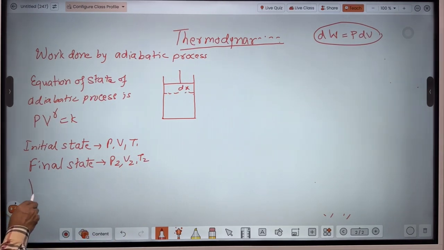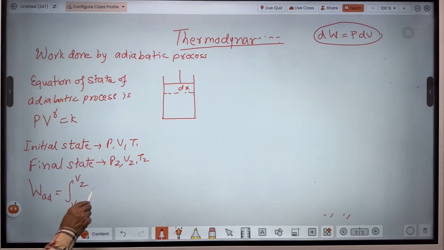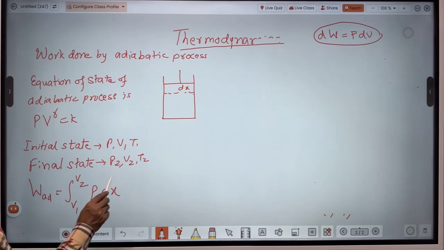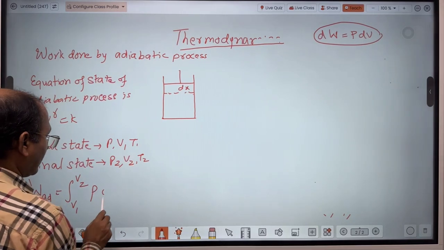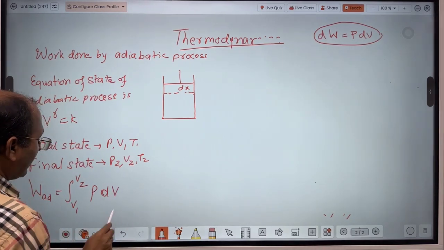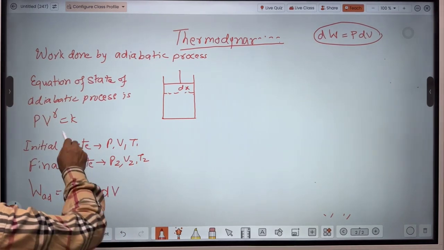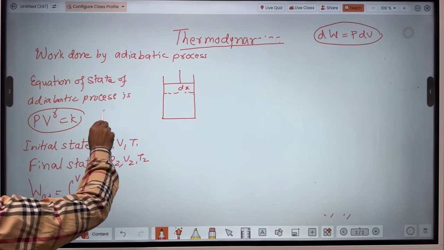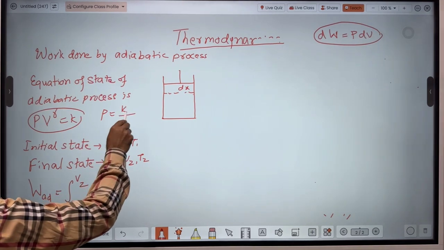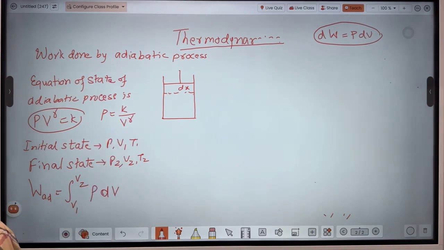So work done W adiabatic is equal to integral V1 to V2 of, sorry, not PdX, if you remember, work done is PdV. So PdV we put here, and then the value of P from this equation of state we are going to put. So P equal to K divided by V power gamma, right?